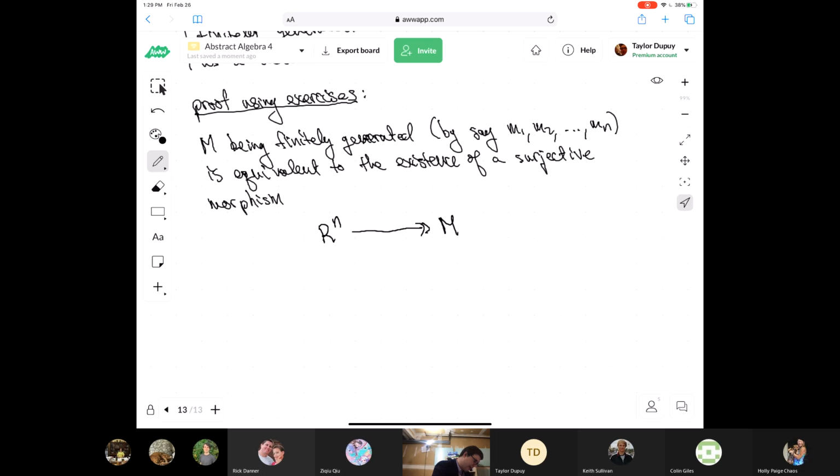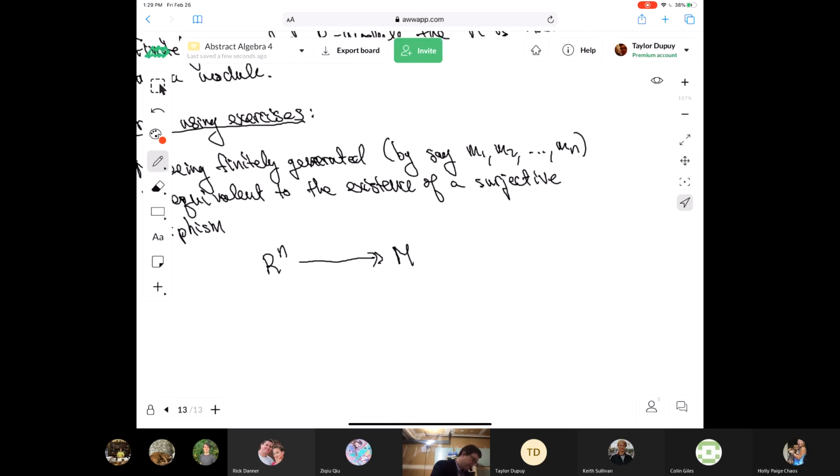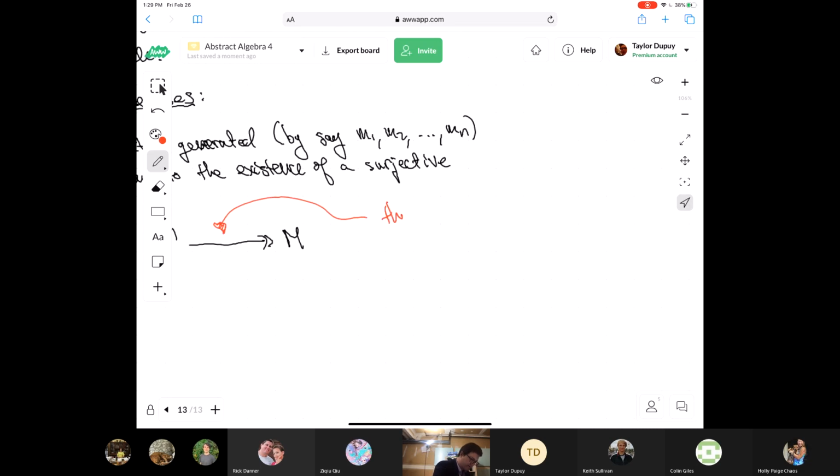So how do we do that? This map sends the basis element e_i to m_i.